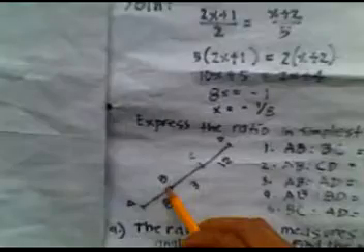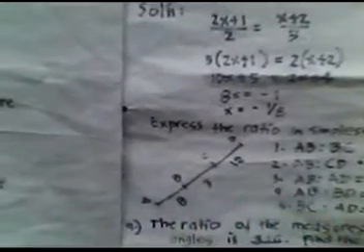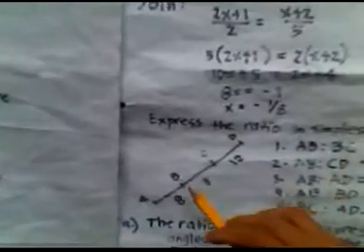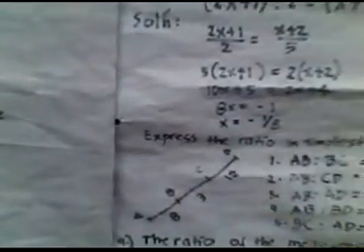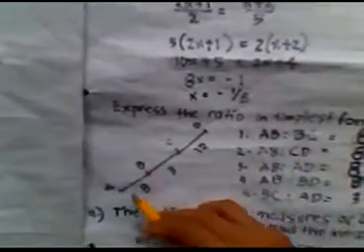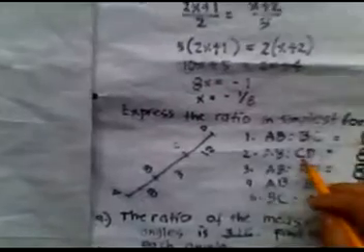Here, AB is equal to 8, while BC is equal to 3. So the answer is 8 is to 3. Next one, AB is to CD. AB is equal to 8 here, then CD is equal to 12. So we need to get the simplest form so that we become 2 is to 3.